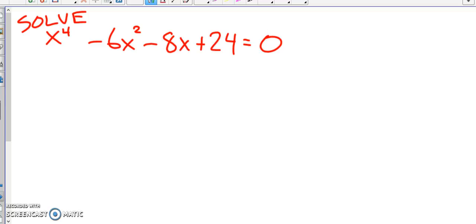So, how could we proceed? P over Q. 24's got a lot of factors, doesn't it?